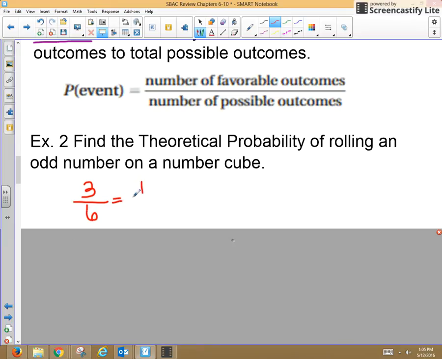So this would actually be a 1/2 chance of getting an odd number on a number cube. So in theory, it should be 50%. However, as you can see from example 1, sometimes when you conduct experiments, the experimental probability is close to the theoretical, but may not be exact.